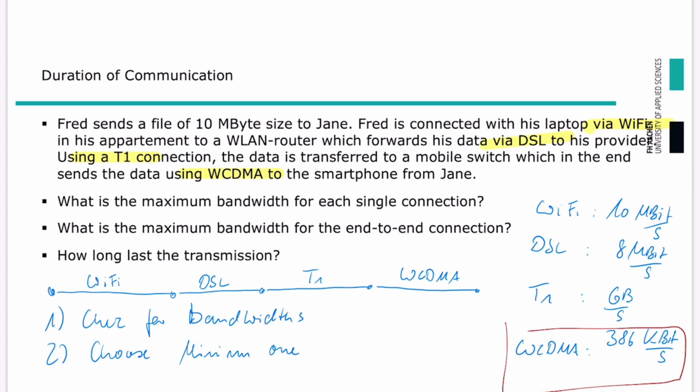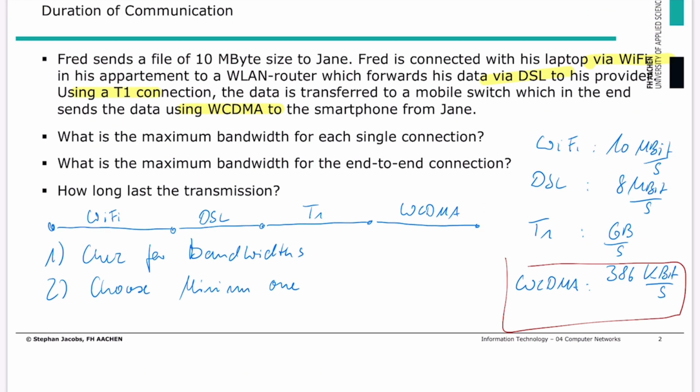And now we can do basically the same calculation as we have done in the other exercise. So we have 10 megabyte divided by 384 kilobit per second. Then we have to normalize it as we did before.